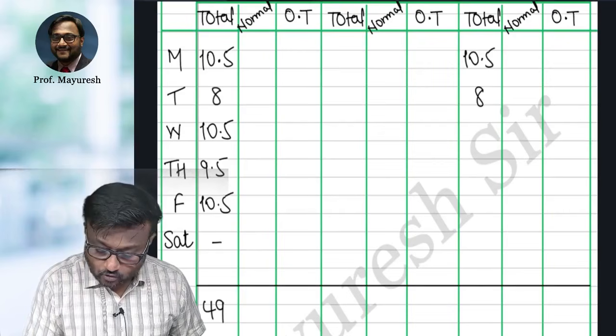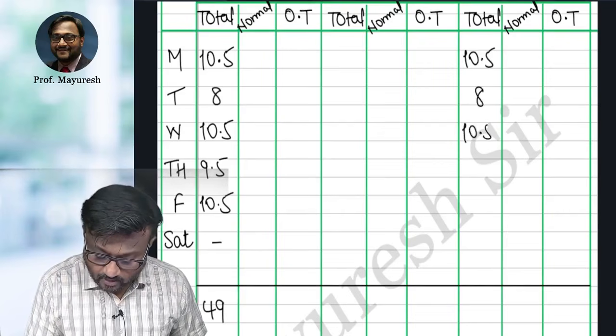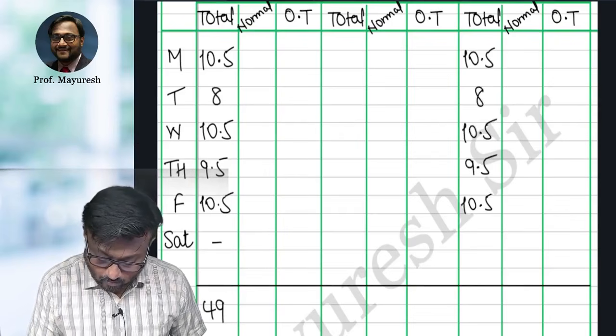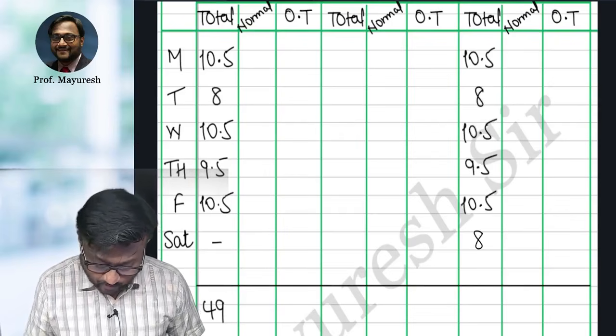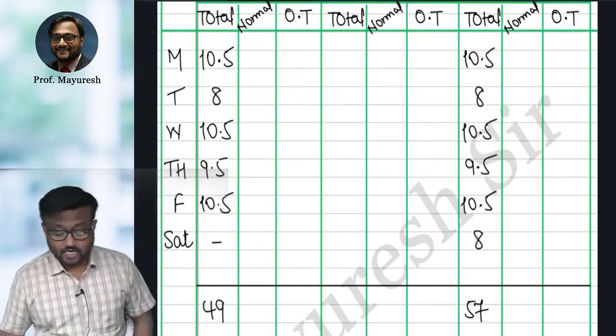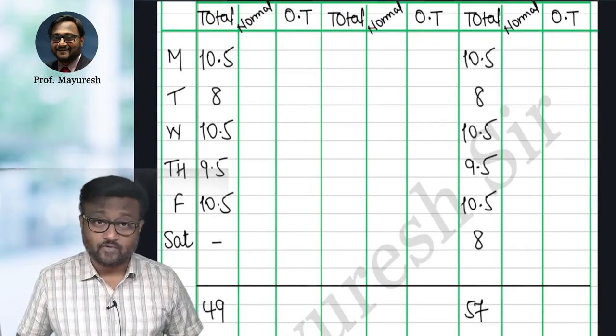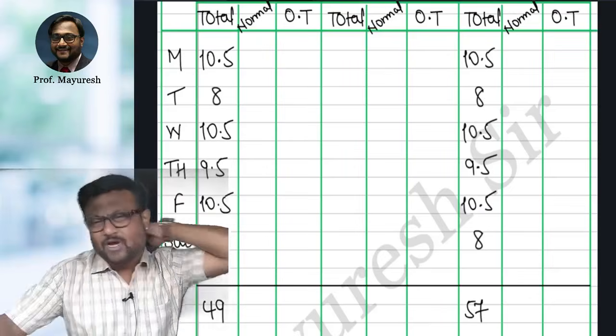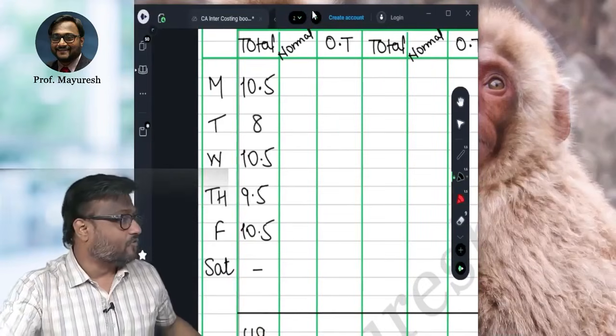Worker C has a similar pattern. The only difference is that on Saturday worker C has worked more hours. 8 hours are paid for. See, I don't care how many hours the worker is working for. Please understand.